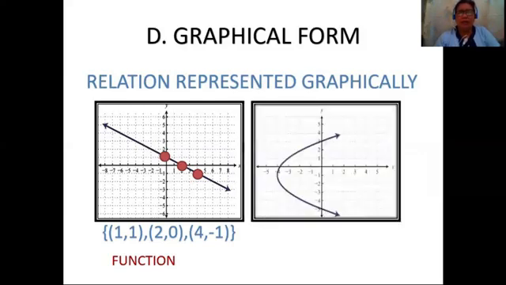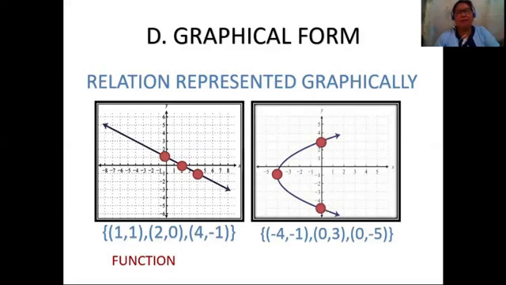Look at the second graph. Citing 3 points, the first point with coordinates (-4, -1), the second point with coordinates (0, 3), and the third point with coordinates (0, -5).